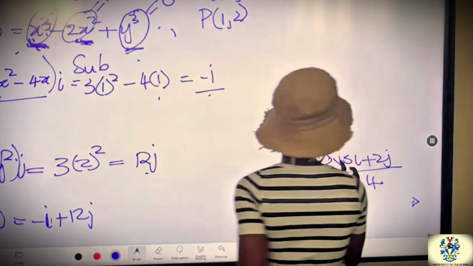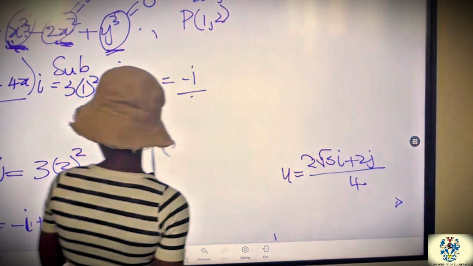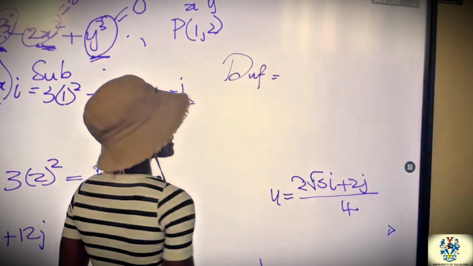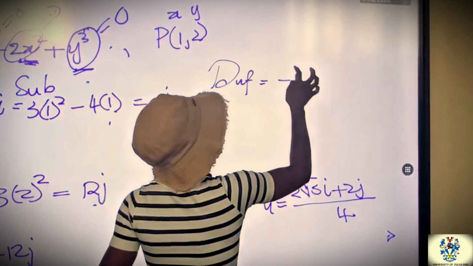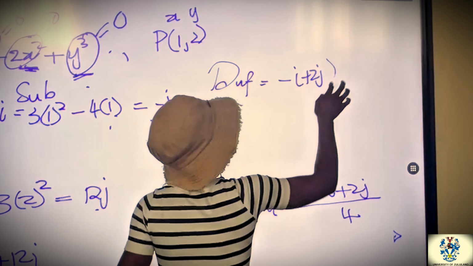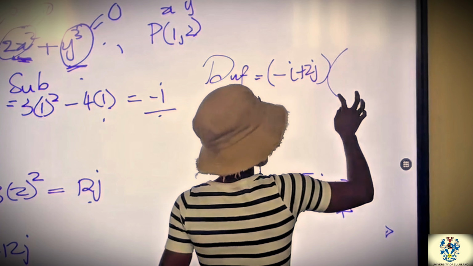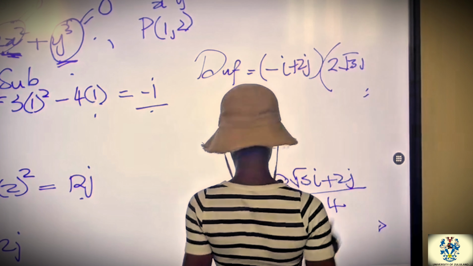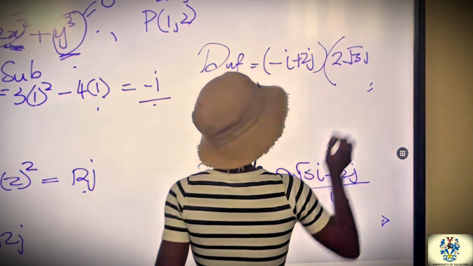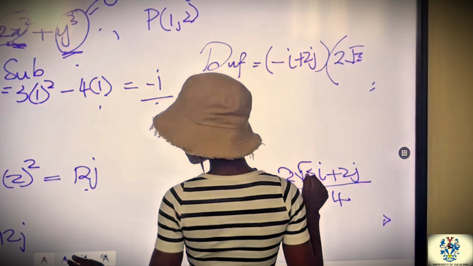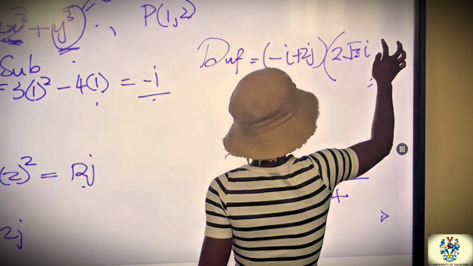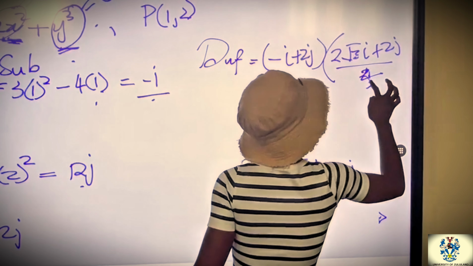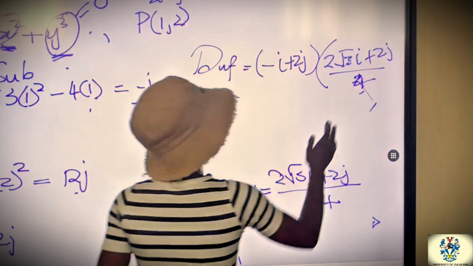So moving forward to find our directional derivative, it's going to be negative i plus 12j multiplied by our unit vector, which is 2 square root 3 i plus 2j, all over 4.